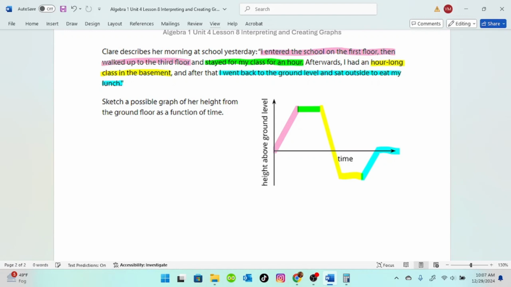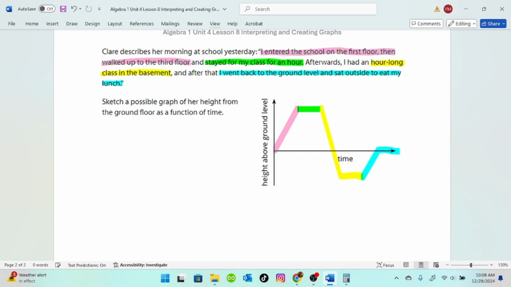So what we've done is we've broken down each sentence and showed each step that she made. The pink line represents entering on the ground floor and then walking up to the third floor. The green line shows her staying in class for an hour, so her height doesn't change.